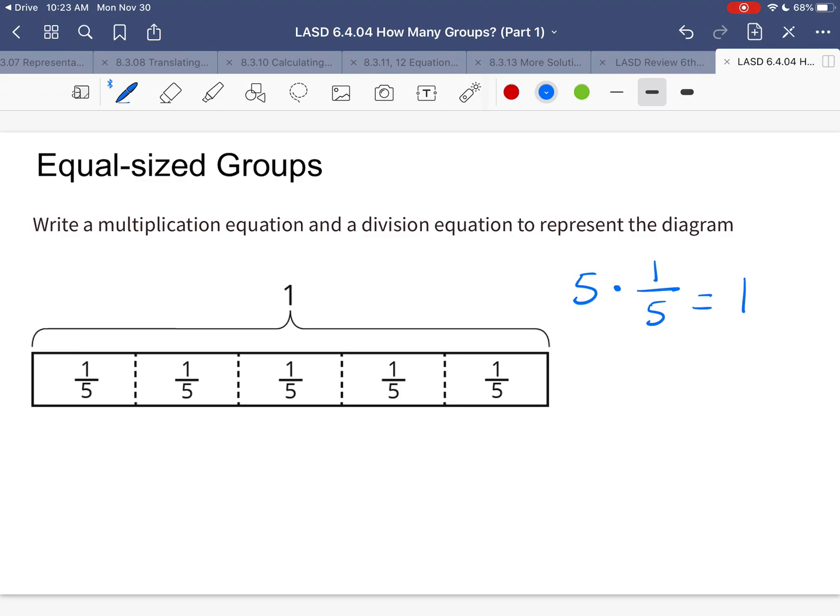And for division, I could write 1 divided by 5 equals 1/5. Or I could write 1 divided by 1/5. How many 1/5s are in 1? There are 5. 1 divided by 1/5 equals 5.